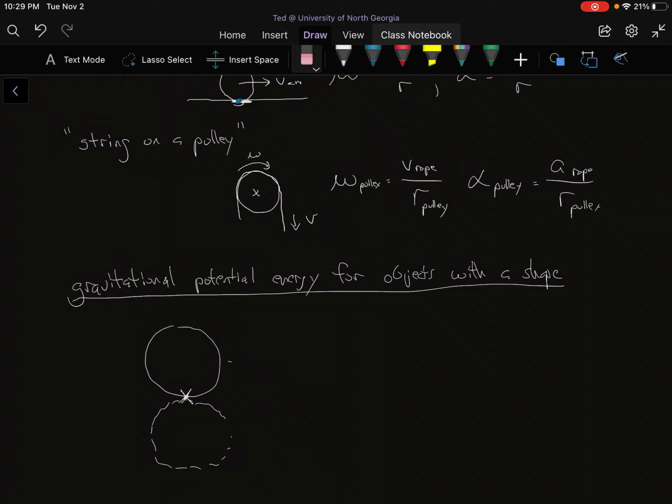And it's important to remember, what we would do in this situation is use conservation of energy. We would say, okay, the kinetic energy at the beginning plus the potential energy at the beginning is equal to the kinetic energy at the end plus the potential energy at the end plus the change in other kinds of energy.